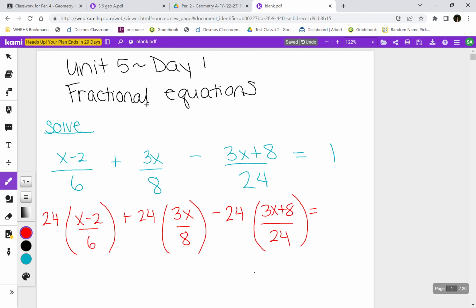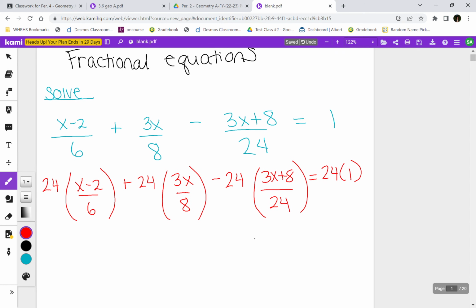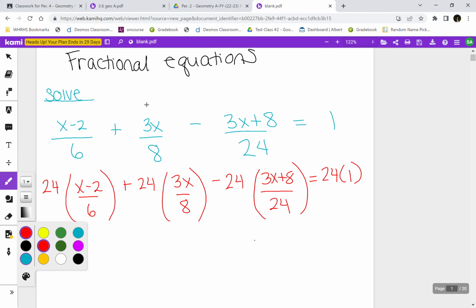Yes, both sides, so equals 24 times 1. Now we cross simplify. 6 goes into 24 4 times. 8 goes into 24 3 times, and 24 goes into 24 1 time.